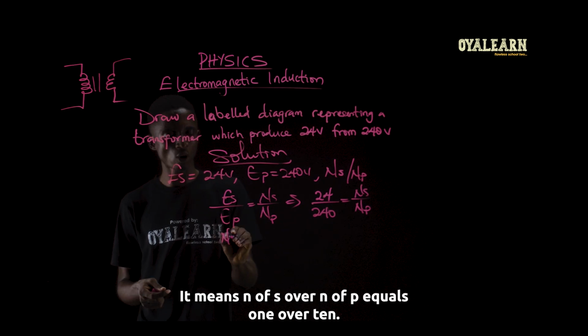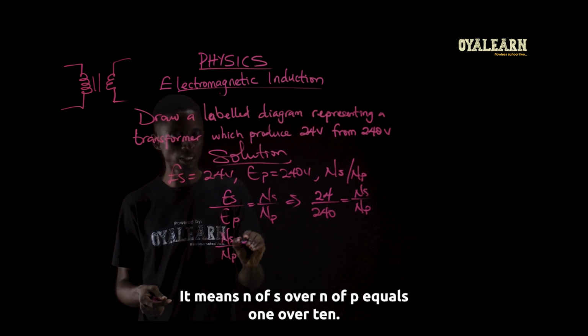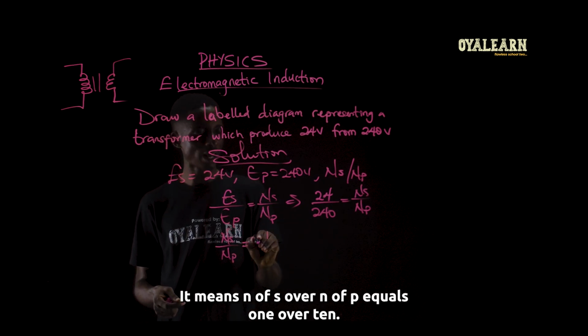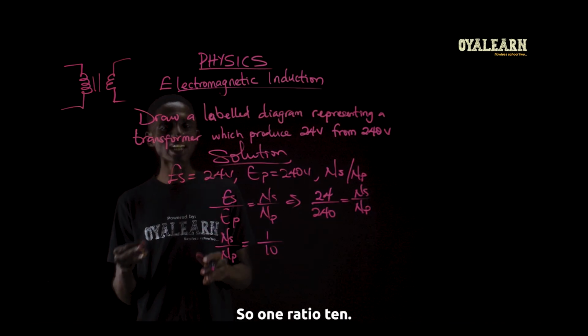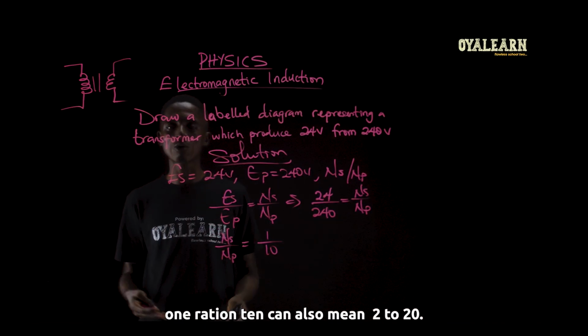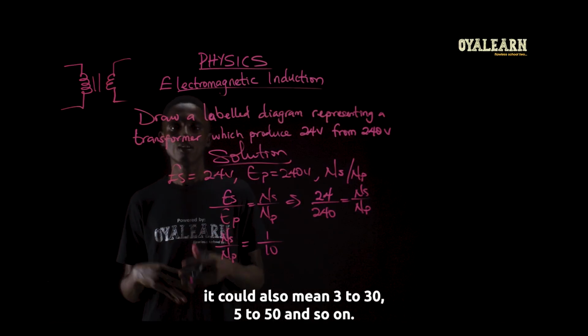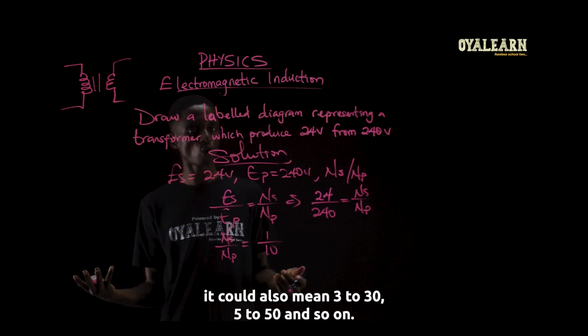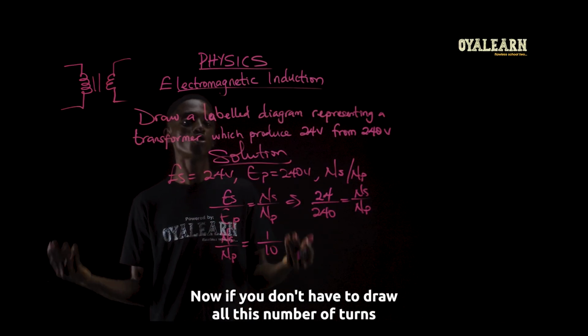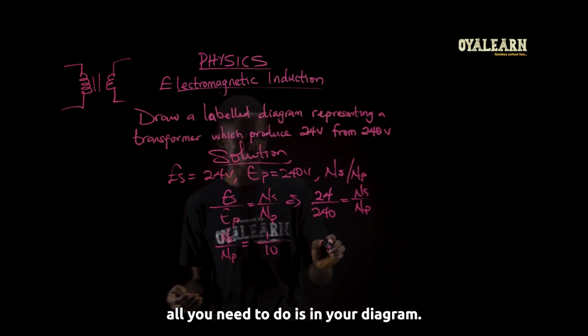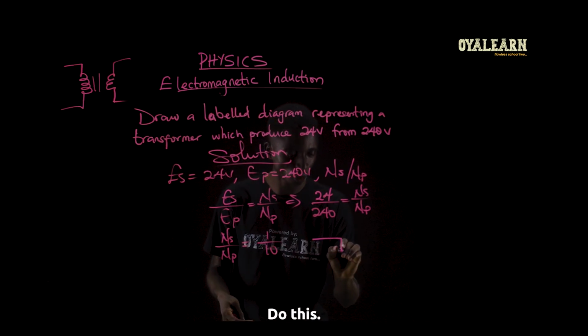It means N of S over N of P equals 1 over 10. So 1:10. 1:10 could also mean 2 to 20. It could also mean 3 to 30, 5 to 50, and so on. Now, you don't have to draw all this number of turns. All you need to do is, in your diagram, do this.